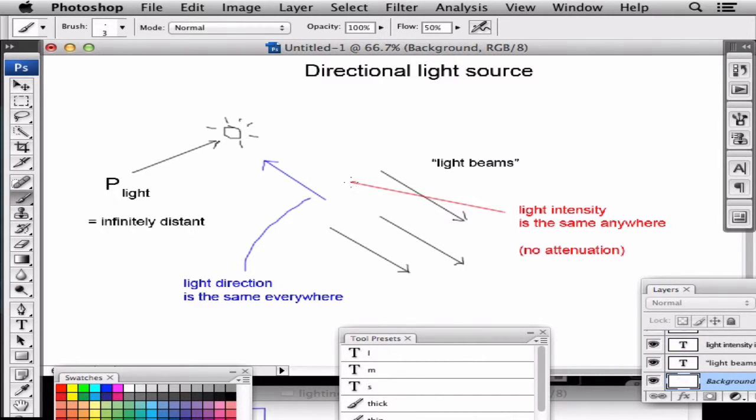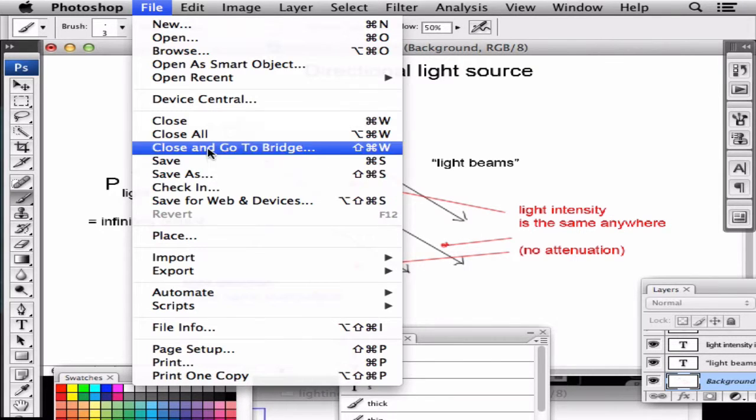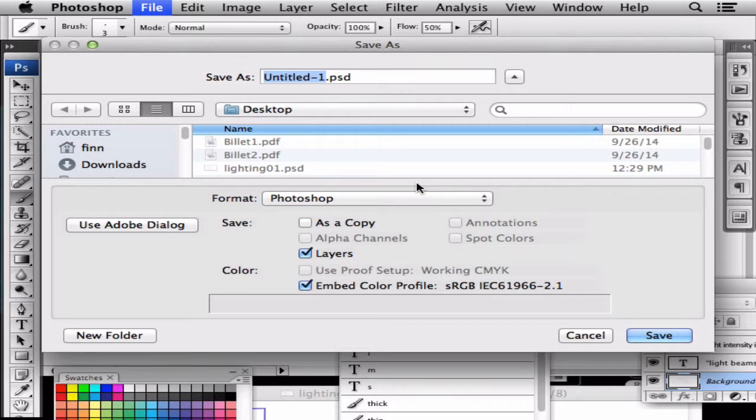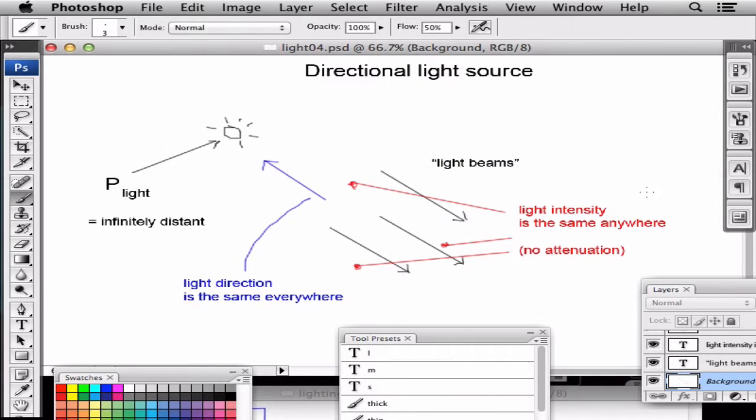Like this point, and this point, they're all the same. Okay. Please do the poll.